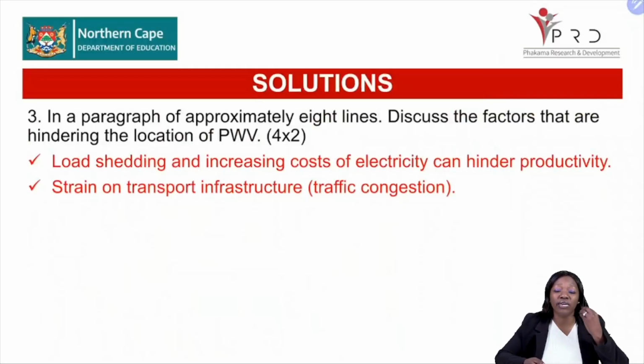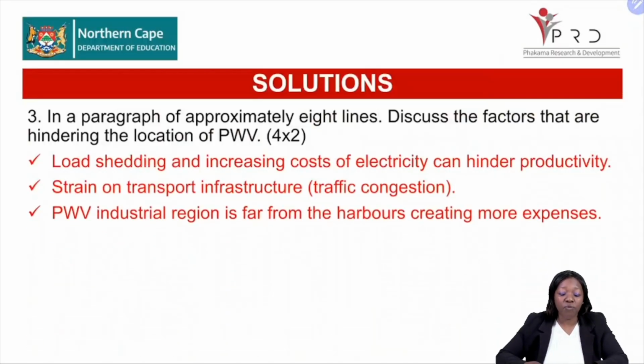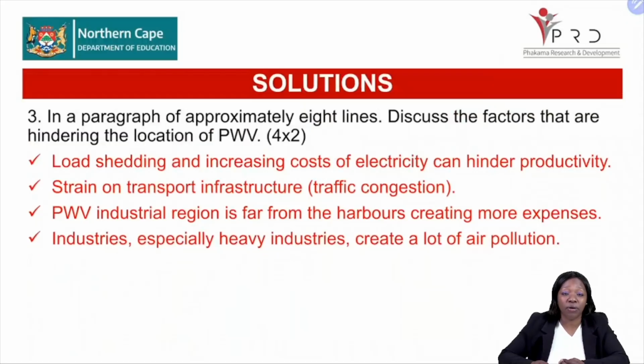So it's also time consuming. Then we're talking about the PWV industrial region that is far from the harbor. Again, they are supposed to use the trucks as well as the cars to transport to those harbors. And also, it's another expense that is added to the industries in the PWV.